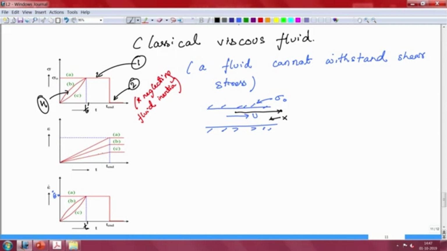They have reached very different values in this graph, and in the beginning, of course, this is just an idealization that your strain rate here remains constant. So, when the experiment has ended at T end, you end up with different displacements.